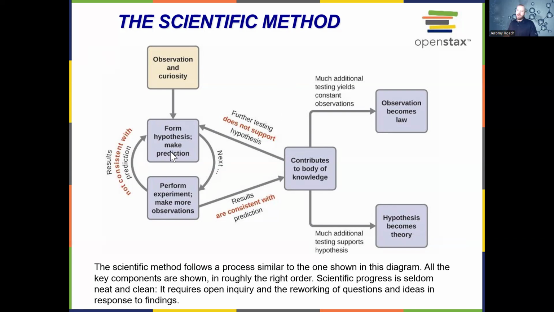So we have to form a new hypothesis again. But if they are consistent with our prediction, then it contributes to the body of knowledge of science. And after a lot of testing, it can yield a scientific law, or it can become a theory.